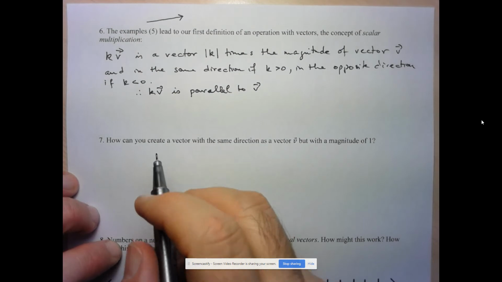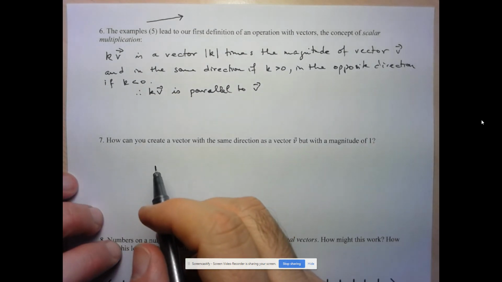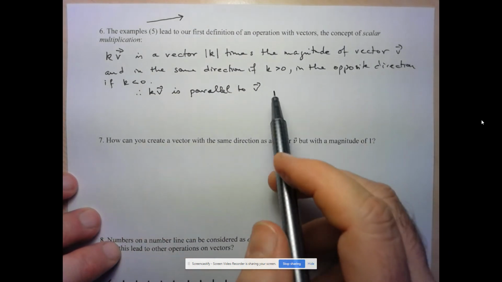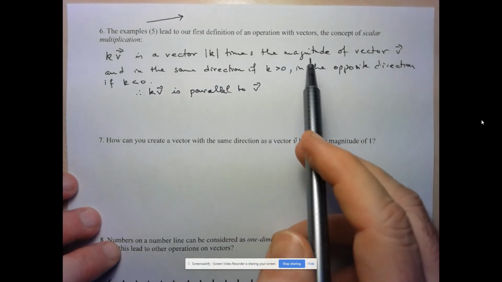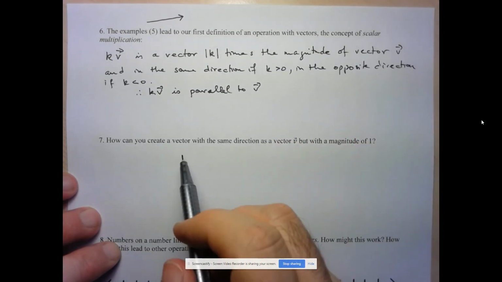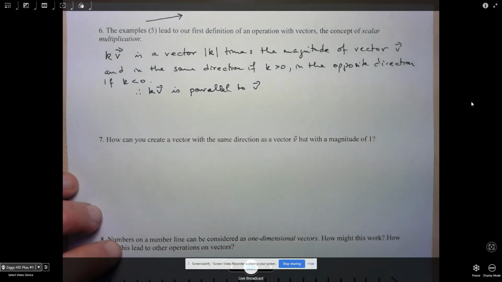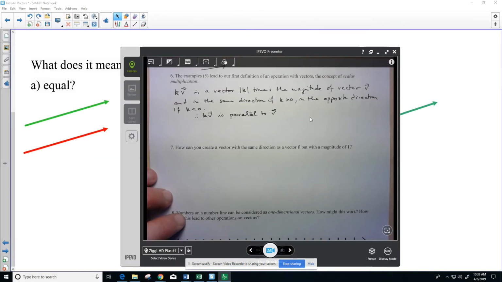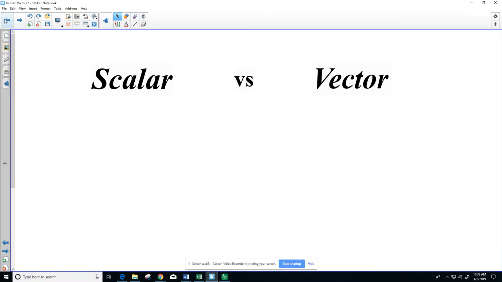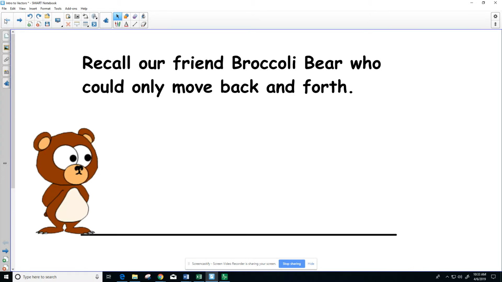Now this is where I'm going to start bringing up some notation, because at this point I'm tired of having to write the magnitude of vector v. So we're going to bring in some notation, and we're going to go back and use one dimension again to help inspire us.